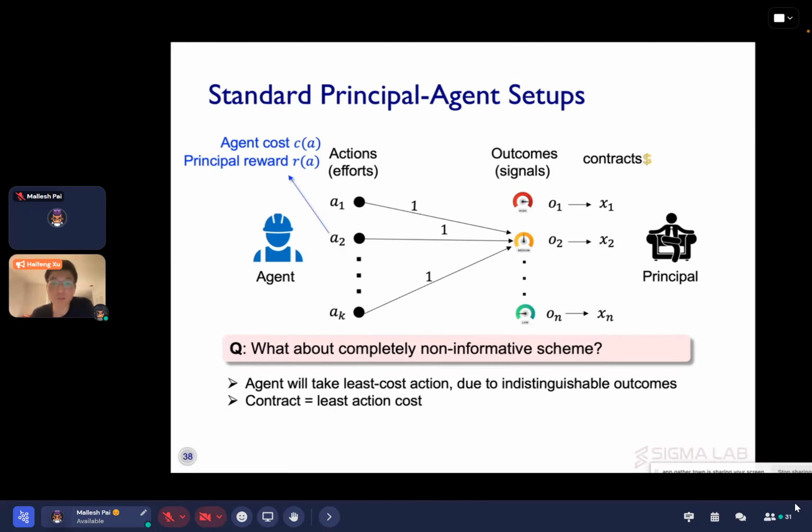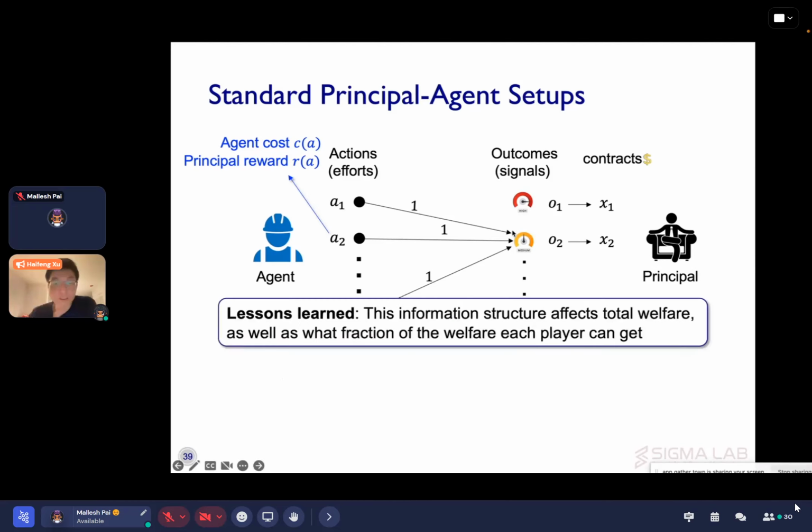And therefore, the principal can also predict that the agent is going to take the least cost action. So his contract is simply the cost of this least cost action, and the agent, of course, is going to take the least cost action as well. That is also regarded as a bad, potentially inefficient social outcome, which is not desirable either.